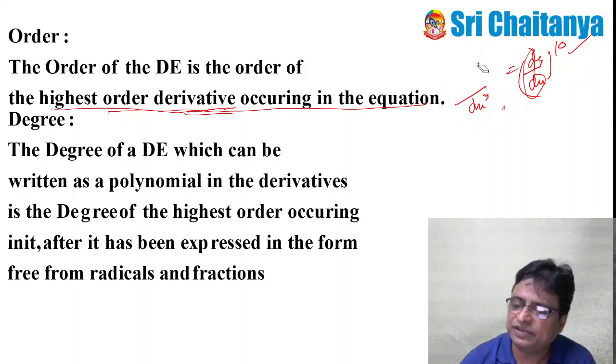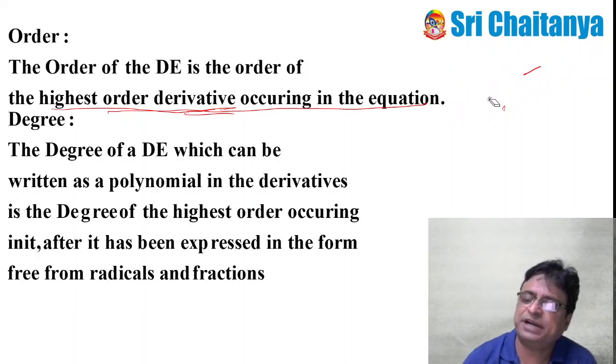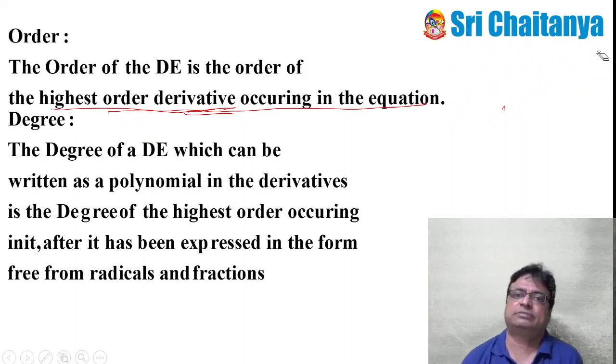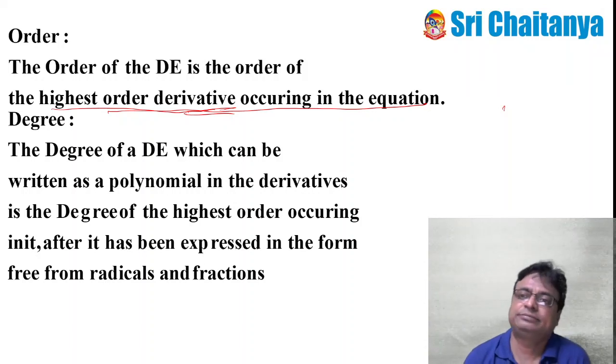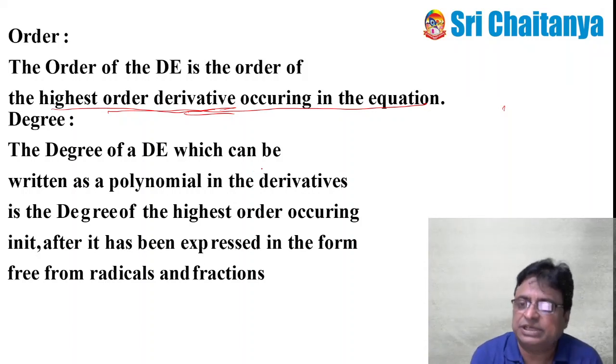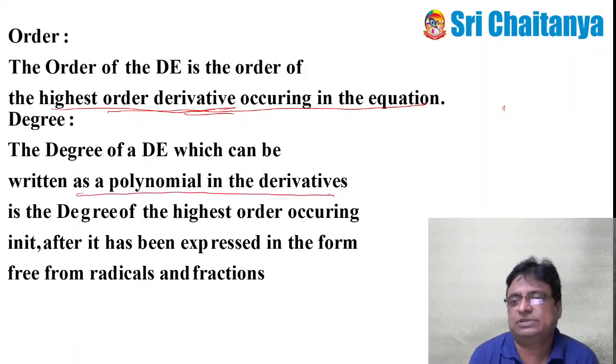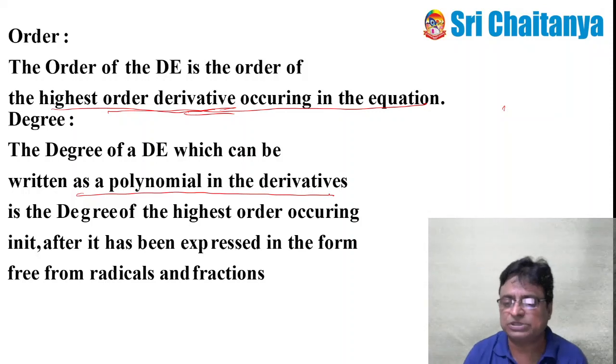So, based on this order, you may expect different kinds of differential equations. Now, what about degree? The degree of the differential equation is defined when it can be written as a polynomial in the derivatives. Suppose the differential equation is not in the form of a polynomial in its derivatives, you need to write it that way first.